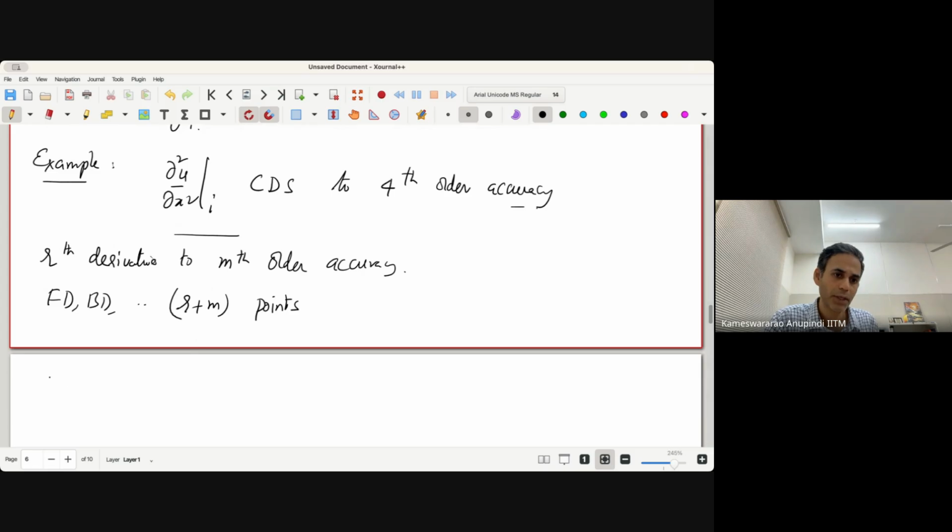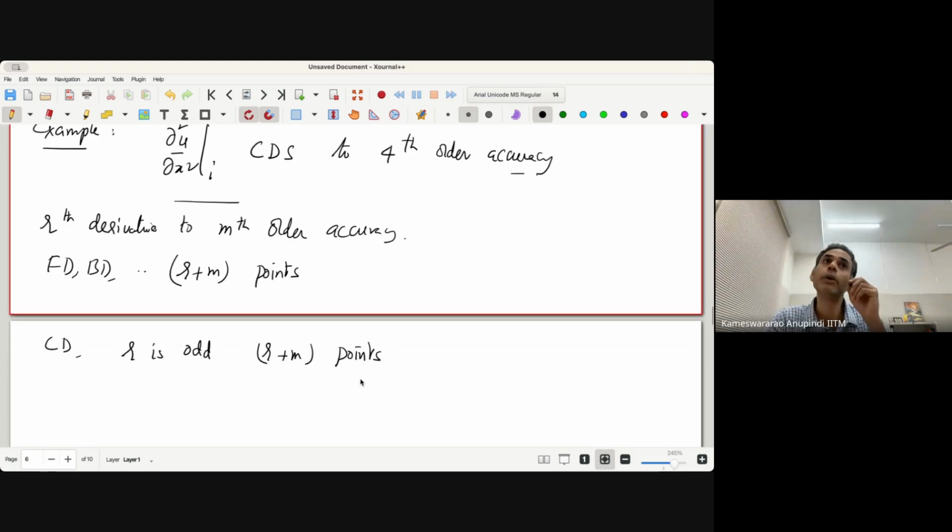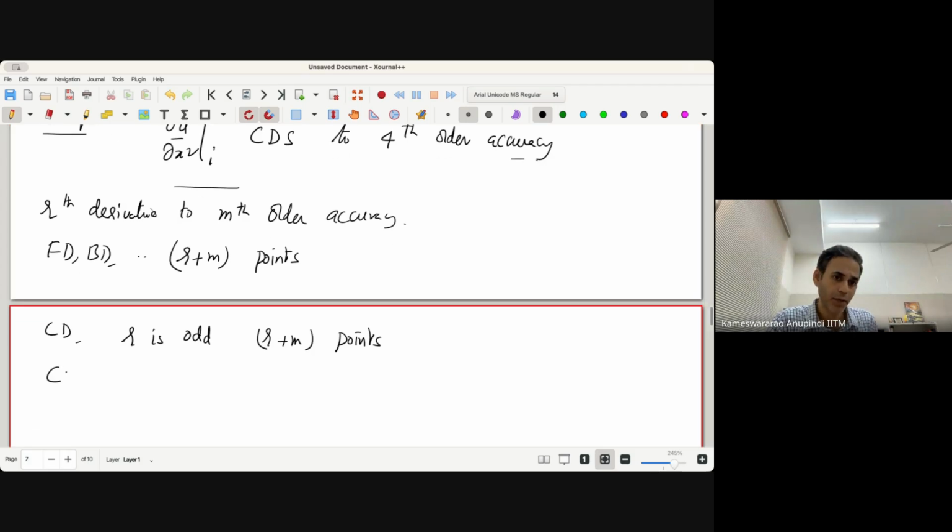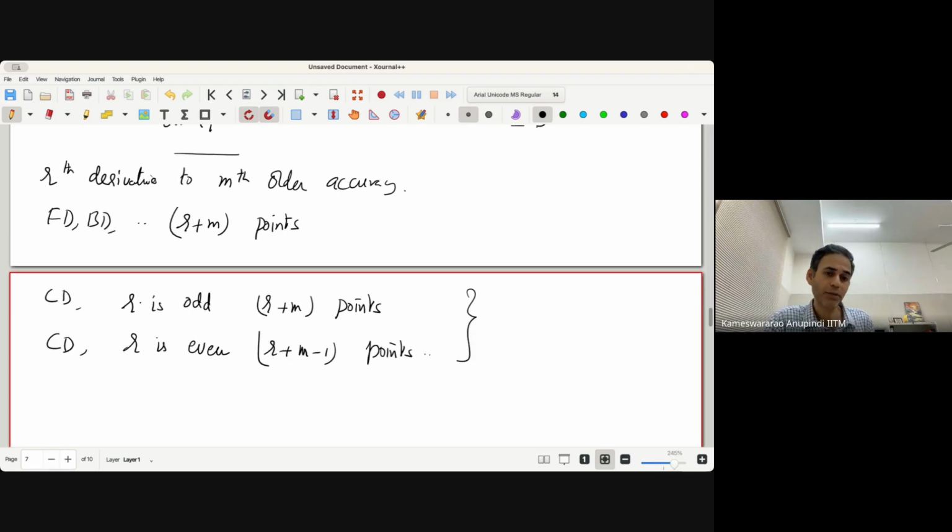If it is a central difference and r is odd, you still need r plus m points, right? That is what we noted when we calculated dou u by dou x. Whereas when you have central difference scheme and r is even, then you can get away with r plus m minus 1 points.